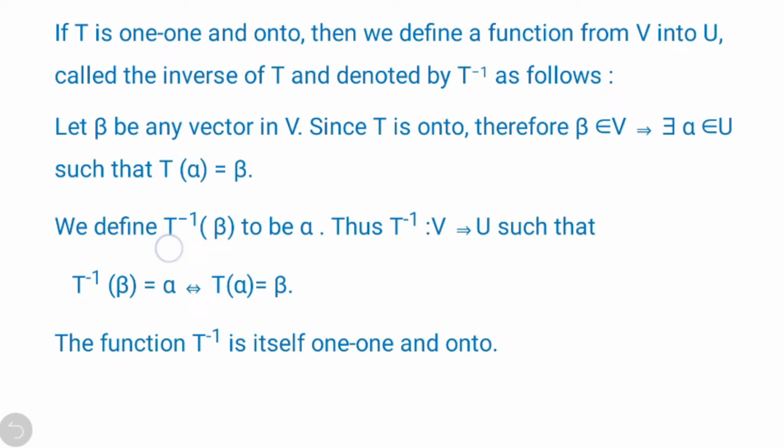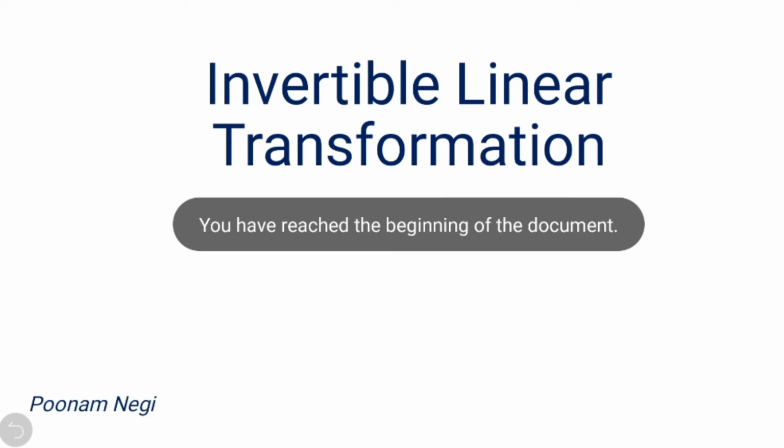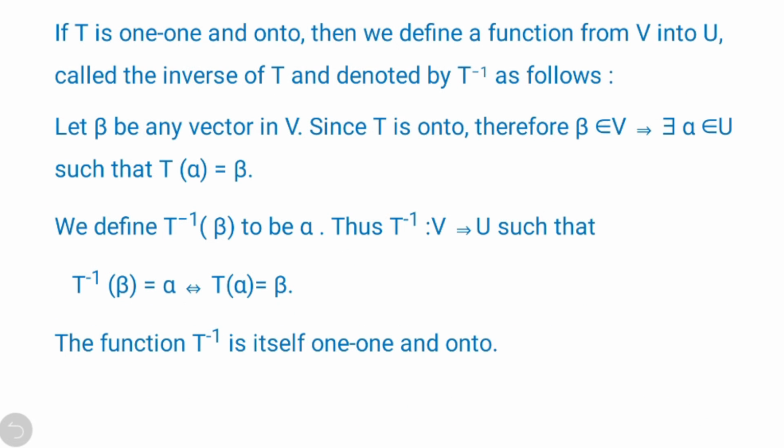We define T inverse beta to be alpha. Thus T inverse from V to U is such that T inverse beta equals alpha, which implies T alpha equals beta, and the function T inverse is itself 1-1 and onto. In simple terms, a function is invertible if the mapping is 1-1 and onto.